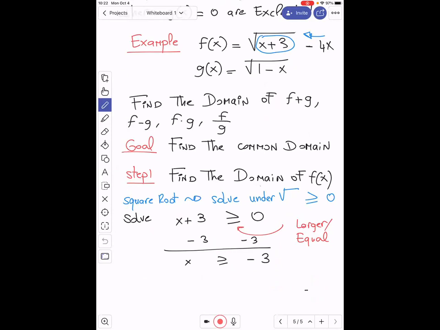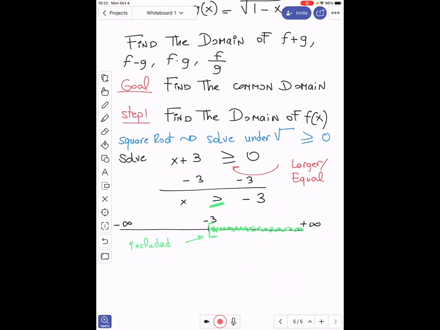On your number line, which goes from -infinity to +infinity, you have -3 somewhere, so your x must be on the right side of -3. This is where x is larger or equal to -3, and x can be equal, so -3 is included.